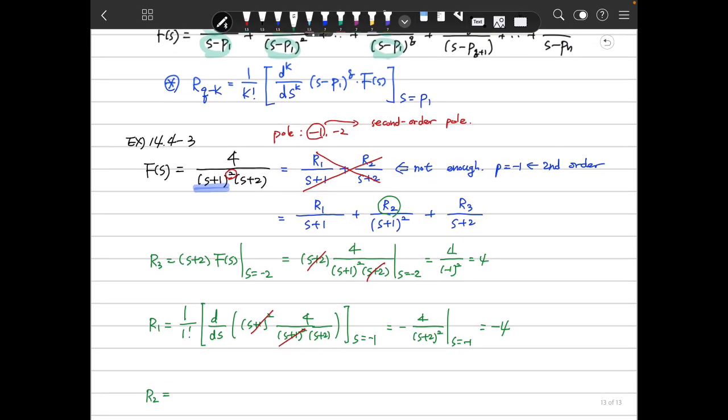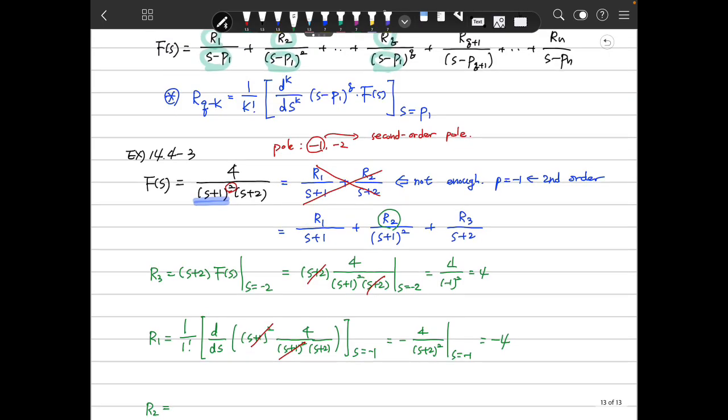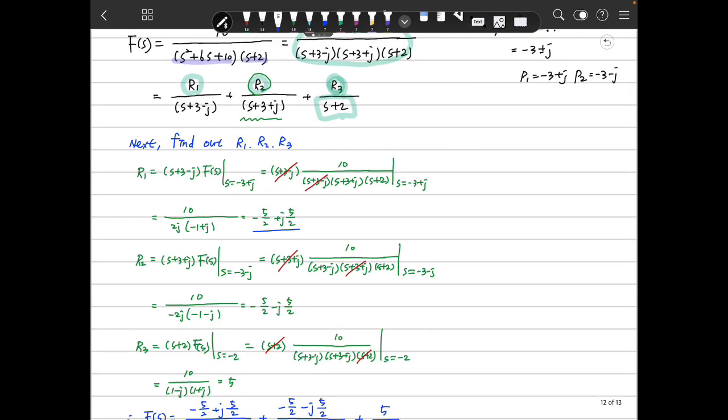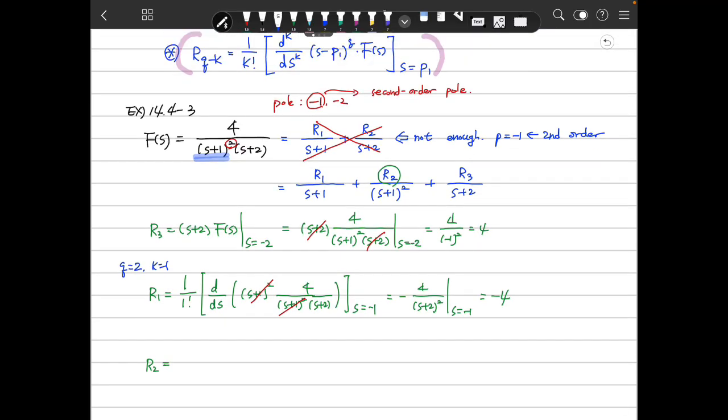In this case, you need to compare this form and this situation. Here Q is 2, and K is 0.